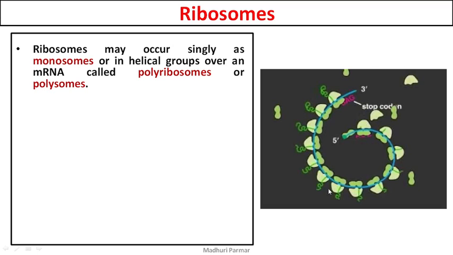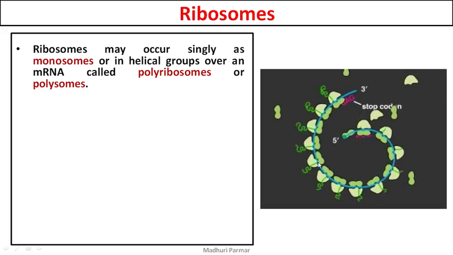Here you have one strand of mRNA, and on it you can find a lot of ribosomes arranged. These structures are called polyribosomes or polysomes. Both mean the same.